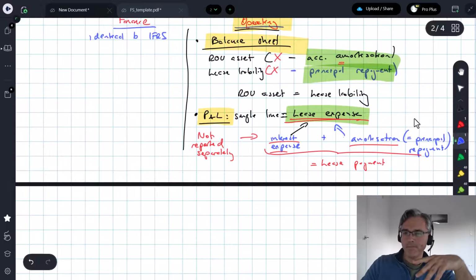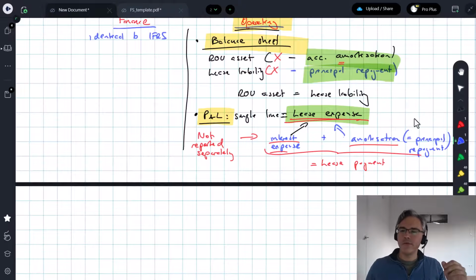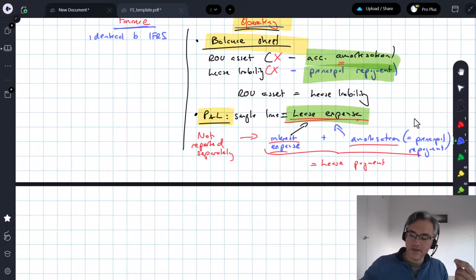So don't look for them elsewhere in the P&L, and therefore EBITDA will absolutely feature the lease expense as one of the operating expenses, and therefore will be lower in this case. It was higher under IFRS or a finance lease under US GAAP because there everything is called interest expense or amortization, and therefore is out of the EBITDA approach.